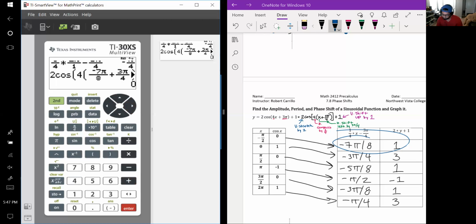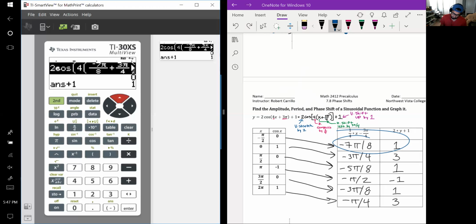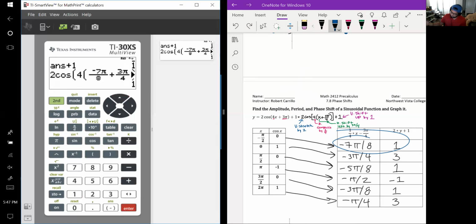What have I done? Forgot the 1 at the end. Don't forget the 1. There we go, plus 1. I was missing the 1 at the end of it, so I didn't do anything wrong. All right. So I could do the same. I could go up here, hit enter, and then at the end, hit that plus 1. And there we go, we get 1. Okay. Ooh, that was scary for a second.